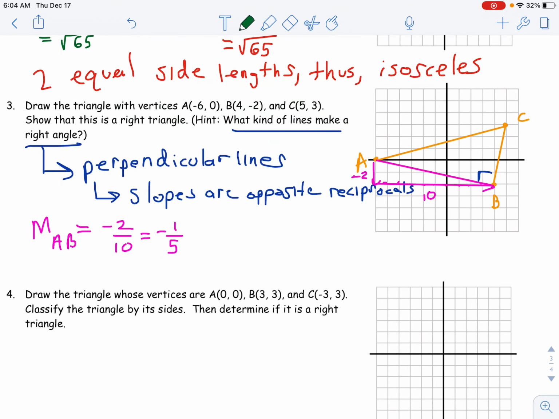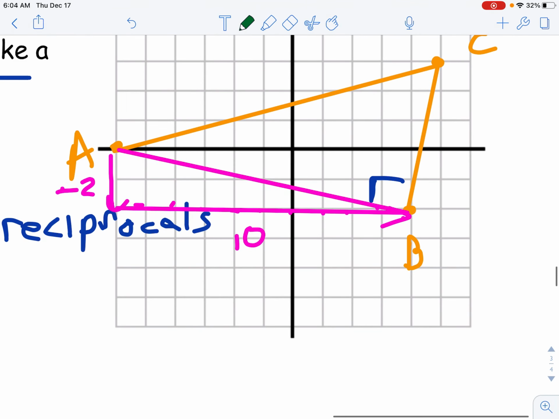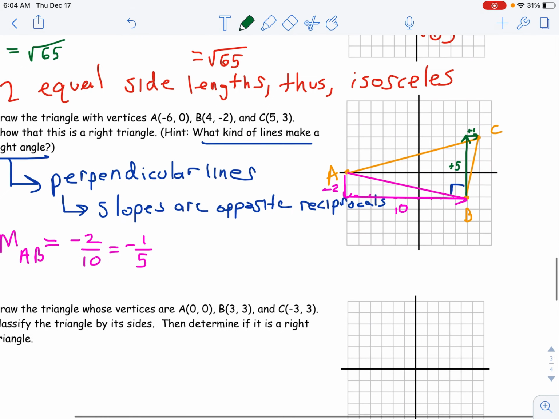Okay. Now let's do the slope of BC. Remember, it's rise over run, so I'm up 5 over 1. All right. So the slope of CB is up 5 over 1, also known as just 5.